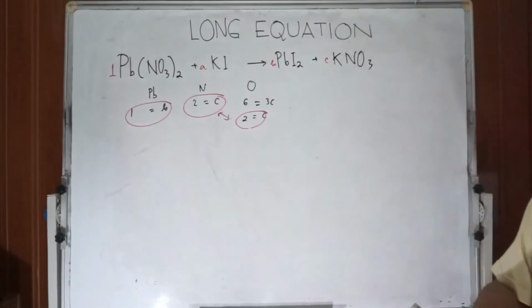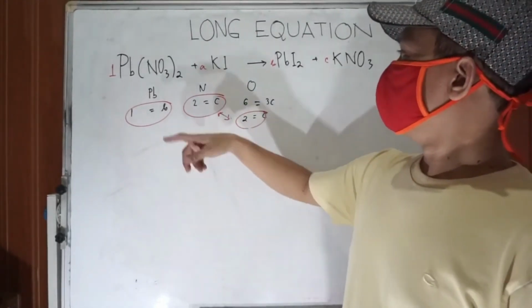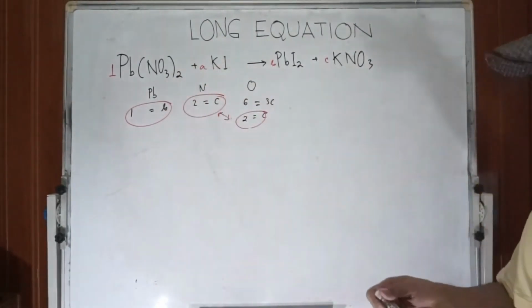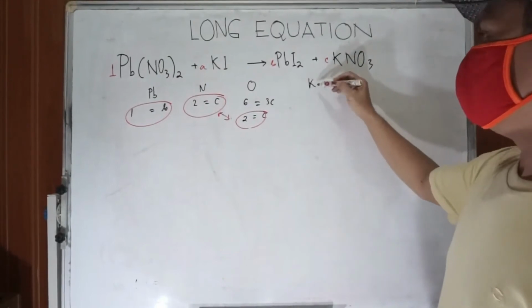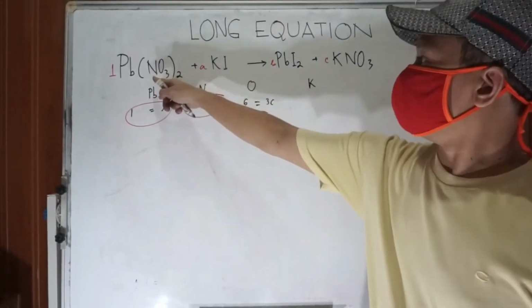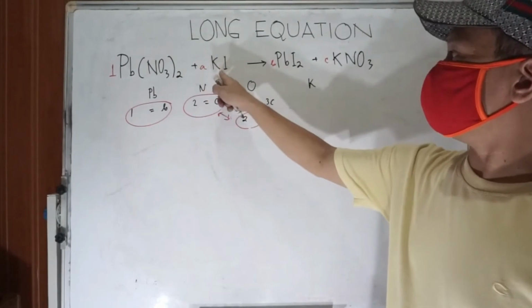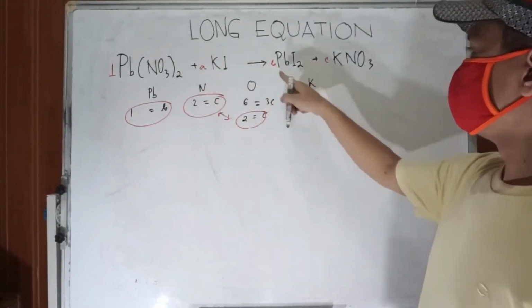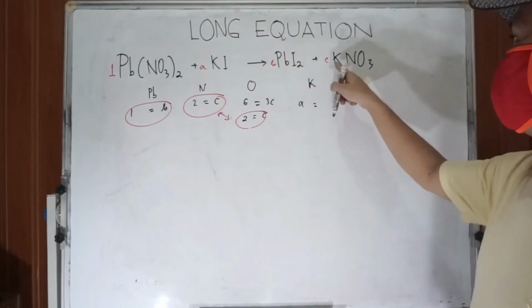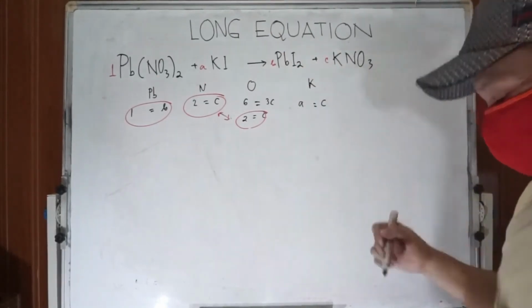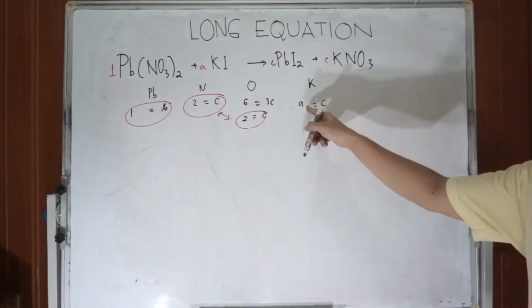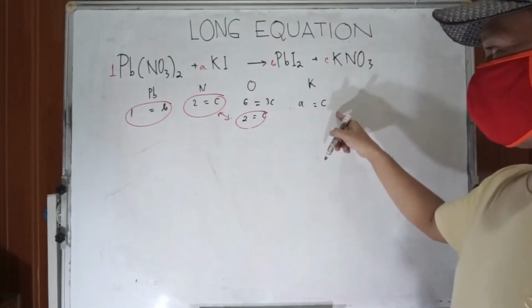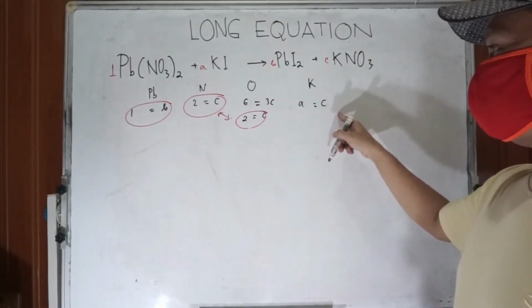Okay, next. After O is K. Now is K. Left, there is no K here. A times 1, A. Yield equal. Here K, C times 1, C. So the conclusion: A equals C. How many C? 2.